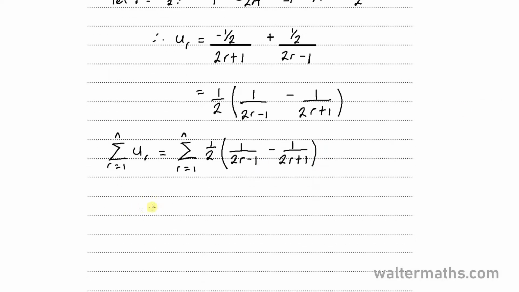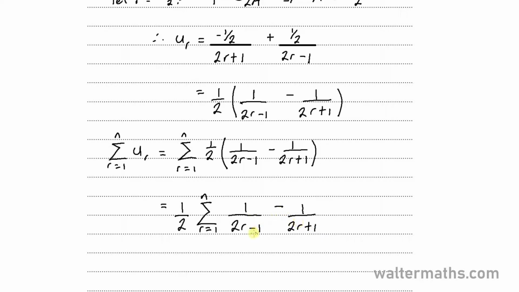And we can actually have the half factored out. So it's like we're looking for the sum from r is equal to 1 up to n of 1 over 2r minus 1 minus 1 over 2r plus 1.